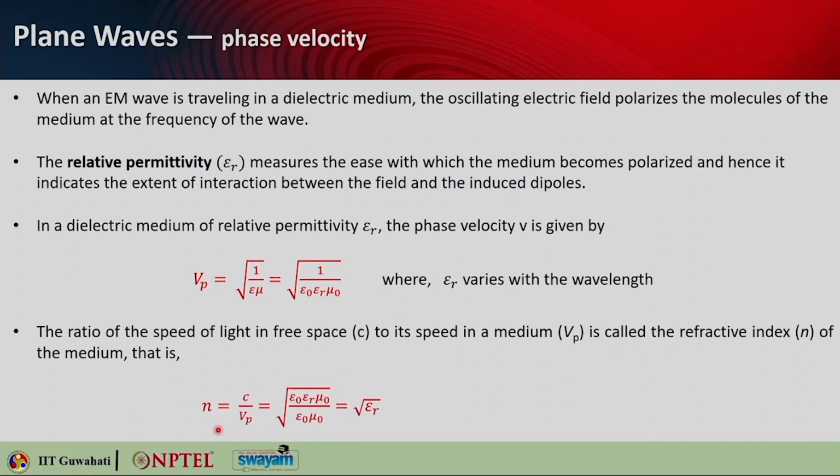That is the definition of refractive index: n equals c by v, or Vp, the phase velocity. So you can write the square root of epsilon naught epsilon r mu naught divided by epsilon naught mu naught. You can cancel out the terms and write it as the square root of epsilon r. So that is how, in a lossless medium, the refractive index is the same as the square root of epsilon r.